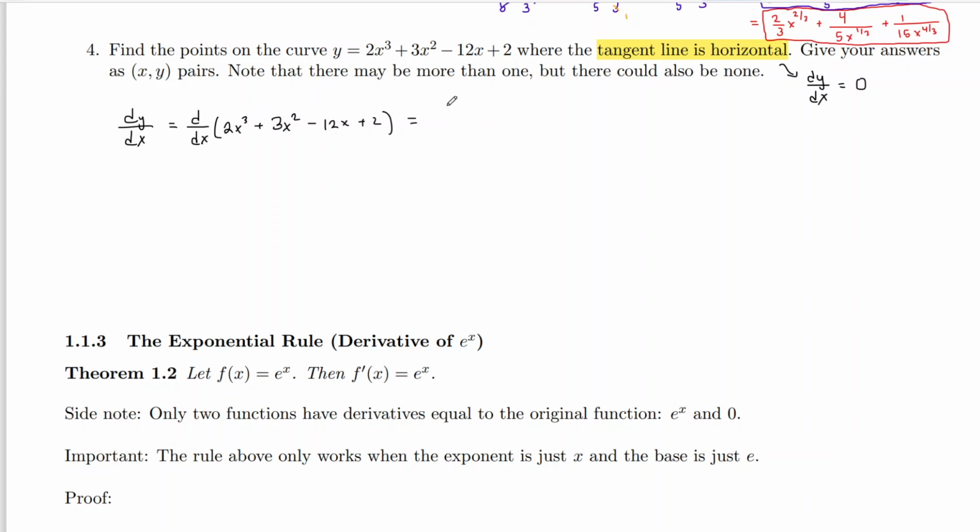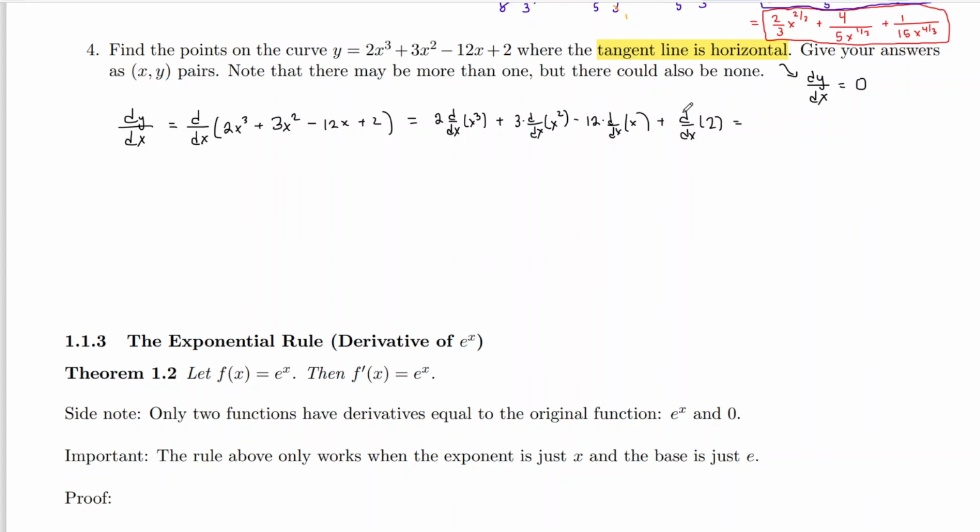So doing those two steps at once, we would have 2 times the derivative with respect to x of x cubed, plus 3 times the derivative with respect to x of x squared, minus 12 times the derivative with respect to x of just x, plus the derivative with respect to x of 2, since this is just a number.